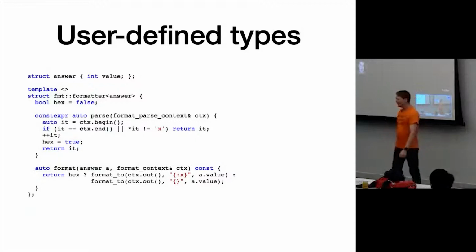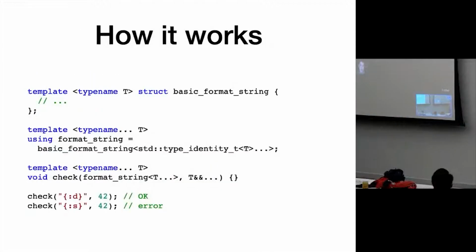How does type identity work? The simple answer is that it disables type deduction.